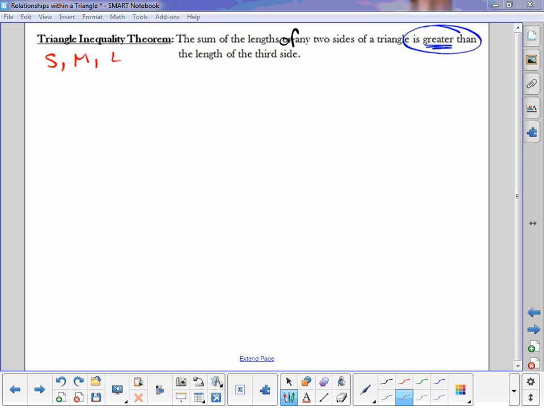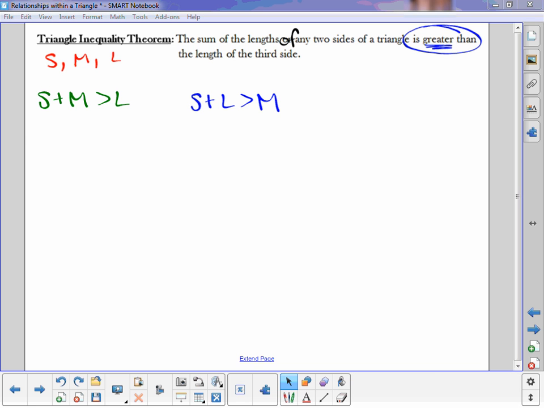So the sum of the lengths of any 2 of these sides must be bigger than the third. So my small plus my medium must be bigger than my large. We have to look at all combinations, right? Let's do small plus large must be bigger than my medium.